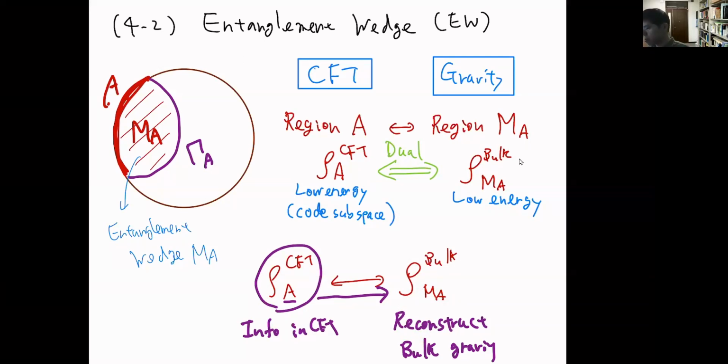This is basically bulk reconstruction. I'm not going into details, but you can explicitly find a local operator, for example. You can have some bulk field acting at a point, and such a state we can realize from a non-trivial operator smearing over region A. This is called the HKLL map. I'm not going to use it, but there are explicit maps for bulk reconstruction, using operators in the CFT to reconstruct the bulk gravity Hilbert space.